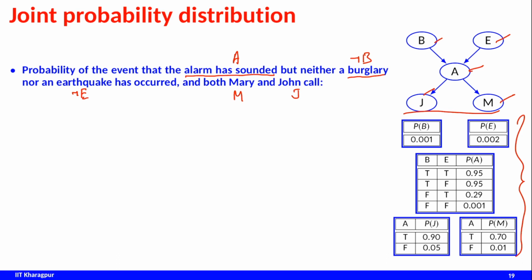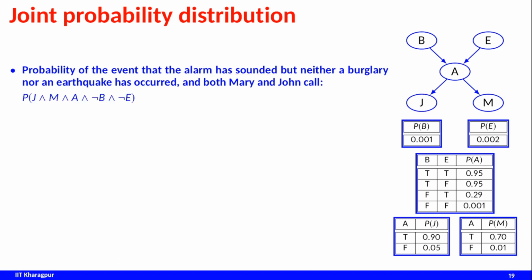Now in order to find that probability, we can compute it in this manner. It will be nothing but P of this expression, because we have already said that the alarm goes off, Mary calls, John calls, but burglary and earthquake do not happen.